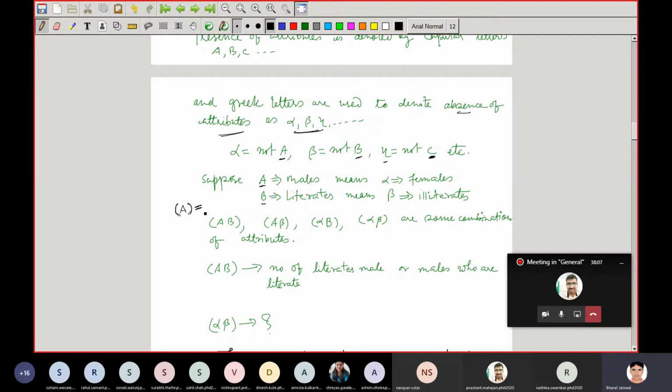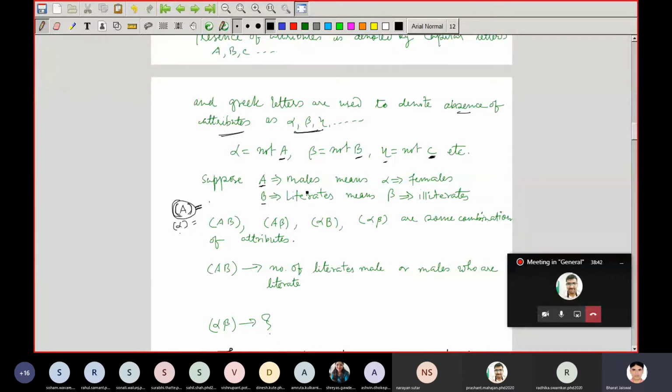What is the frequency, the number of persons having the quality A? How many people can be called handsome, or how many women are beautiful, their frequency will come here. And if you denote it like this with a Greek letter, it means the women who are not beautiful or those who are not handsome. So this will be the absence, this is the presence. This small bracket denotes the frequency.